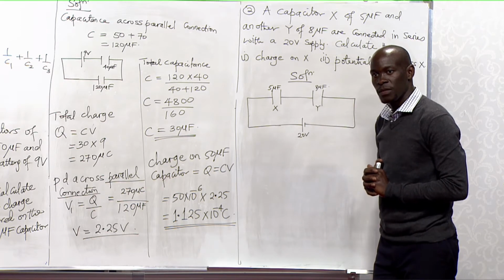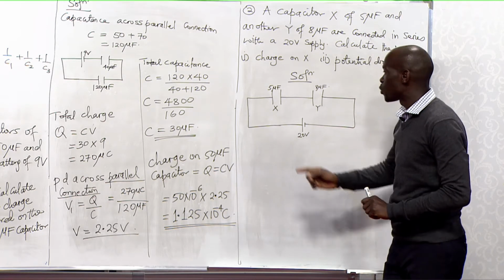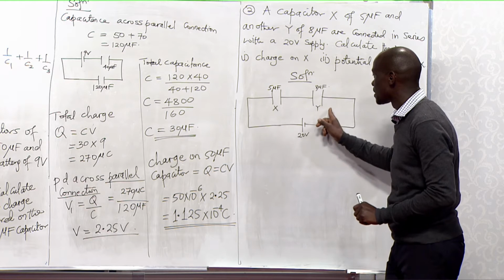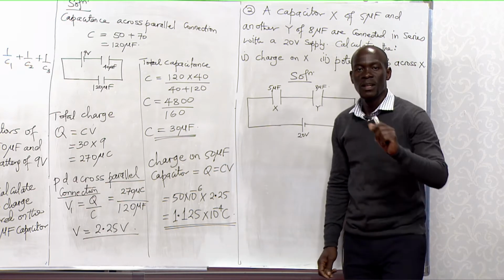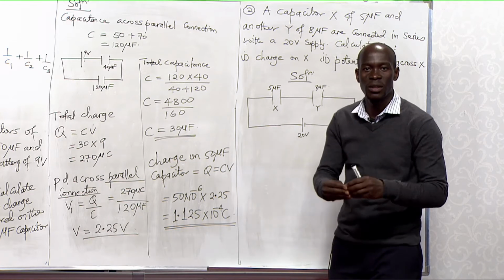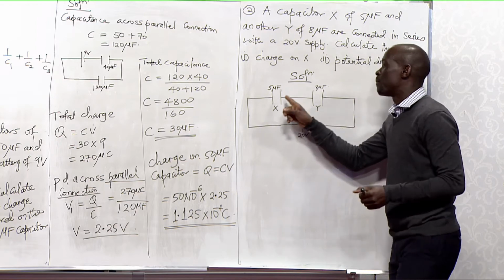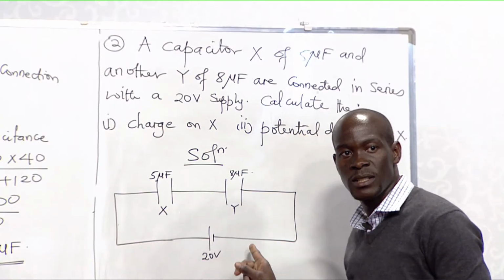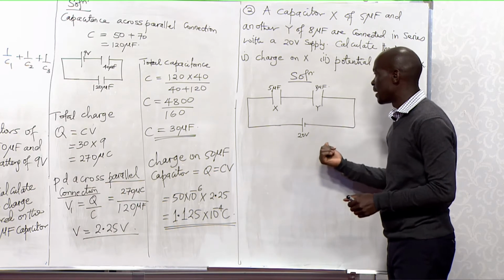Isn't it so? That is one fact. Another fact we discovered was that when you have 2 capacitors connected in series, their effective or total capacitance is given by the ratio of their product to their sum. So we can start from there and get the charge.